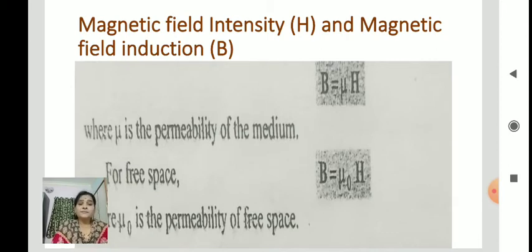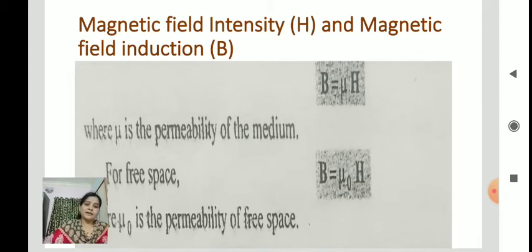Apart from this, we also see magnetic field intensity. In the case of a static electric charge, the field around it is the electric field, and the intensity of that field is the electric field intensity E. Here the magnetic field intensity H is not the intrinsic property of the magnet. The natural property of the magnet is the magnetic field around it.